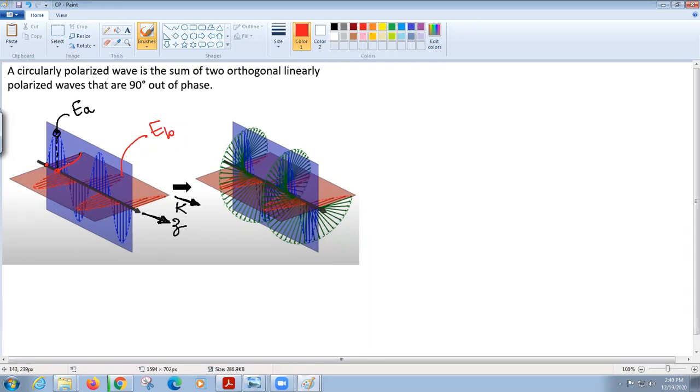And again, at this point of Z, EA is minimum, but EB is maximum, right? So the exact maximum and minimum happen at one point. Therefore, we could say there is a phase difference of 90 degrees. From here to here, I can account like this. From here to here.